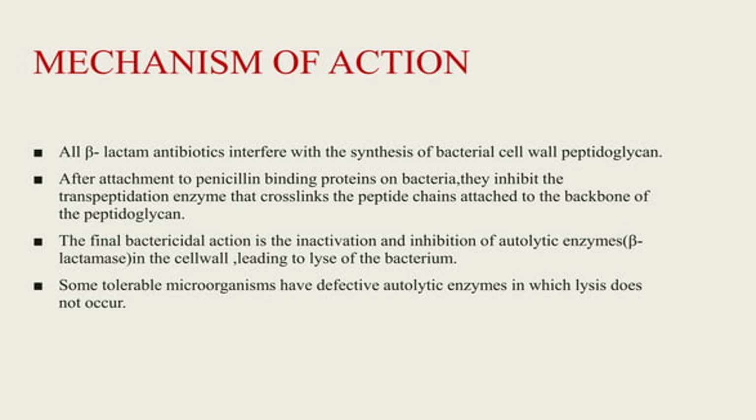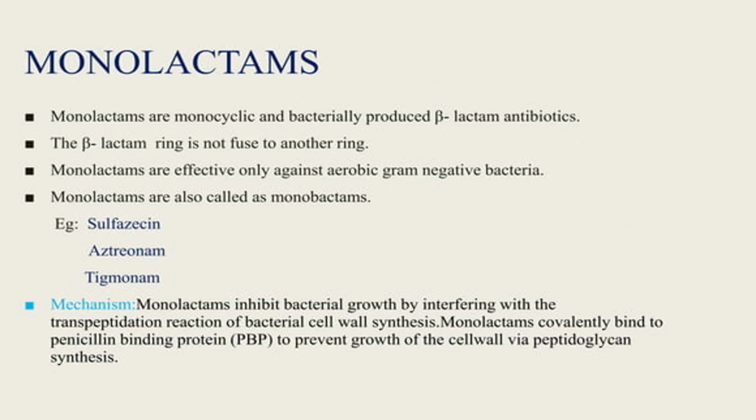The final bactericidal action is the inactivation and inhibition of the autolytic enzyme in the cell wall, leading to lysis of the bacterium. Some tolerant microorganisms have deficient or defective autolytic enzymes in which lysis does not occur. Some newly introduced classes of antibiotics are monolactams.